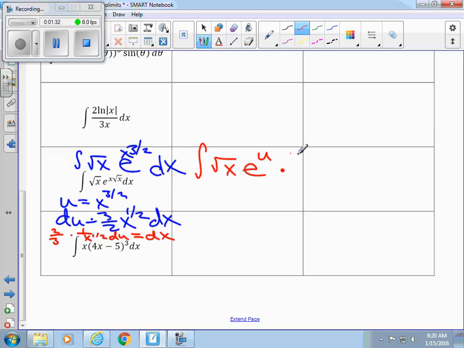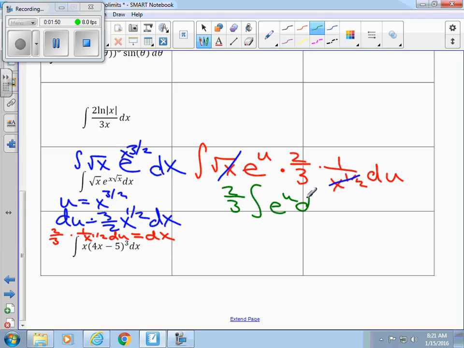So I have 2 over 3 is 1 over x to the 1 half du, and the x to the 1 halves cancel. So then I have 2/3 integral e to the u du. Wow, that's not so bad, is it?